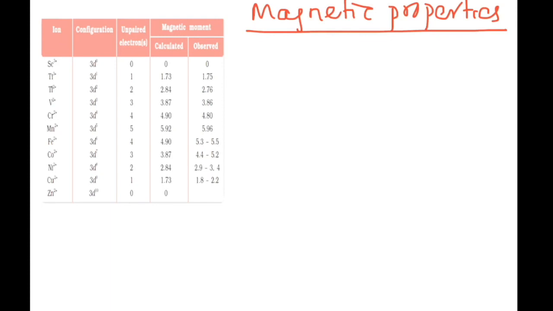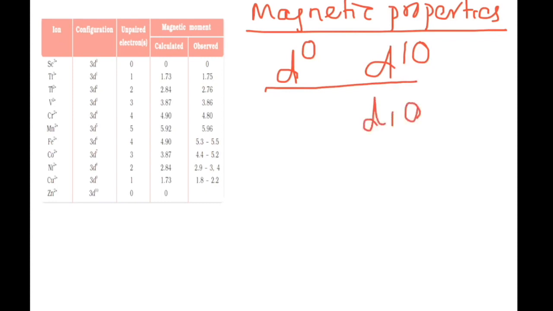Most of the transition metals are usually paramagnetic, except d0 and d10 configuration. The metal ions having such configuration are usually diamagnetic.